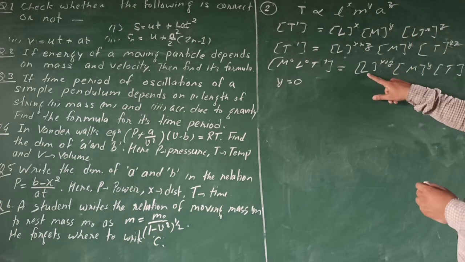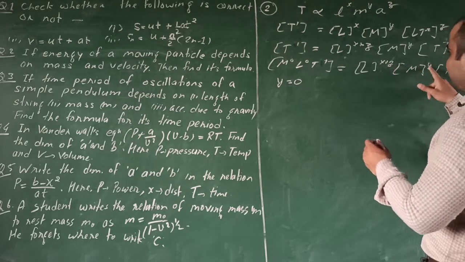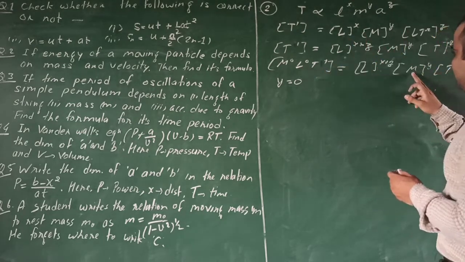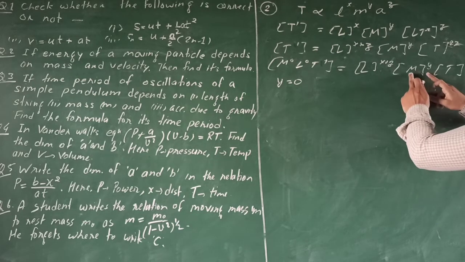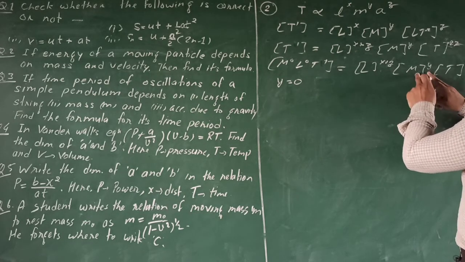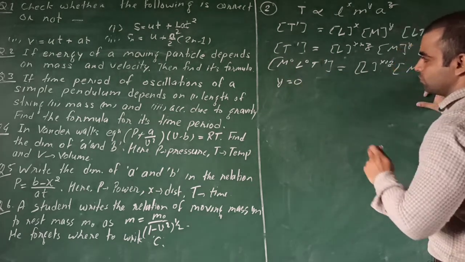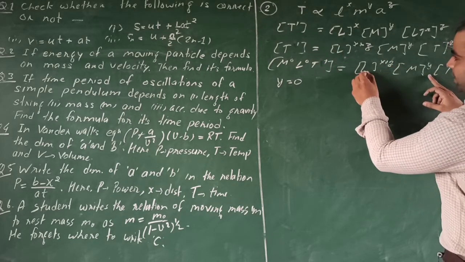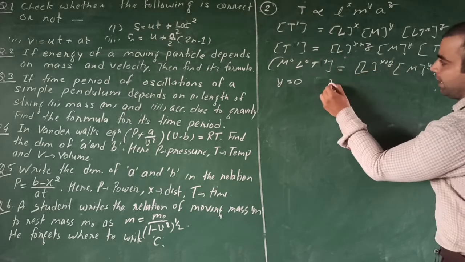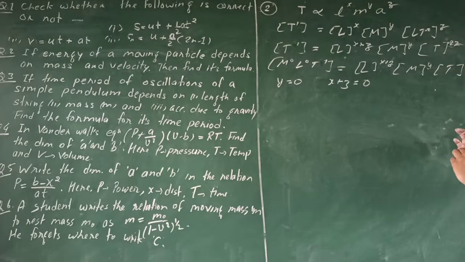Here L^(x plus z) is given, and y equals to 0. Relate the coefficient. Here power of M is y and power of M is 0. So y equals to 0 we have found out. Power of L, x plus z equals to 0.